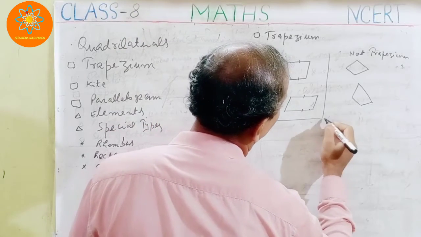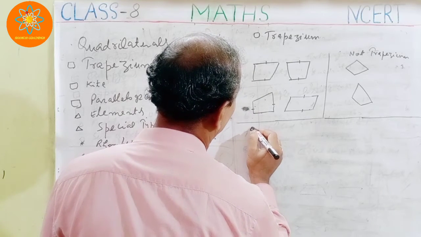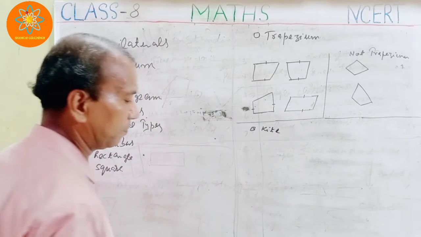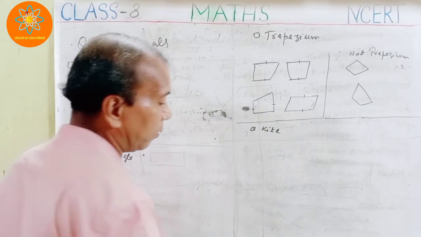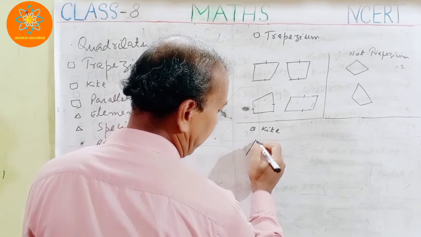Okay, now the next one is the kite. In the kite, one pair of sides is equal. Let's suppose I am taking this one.